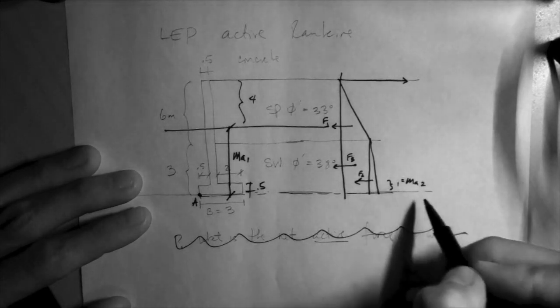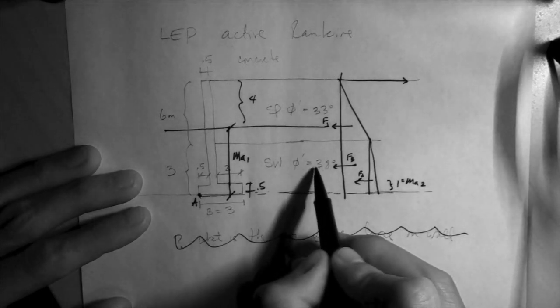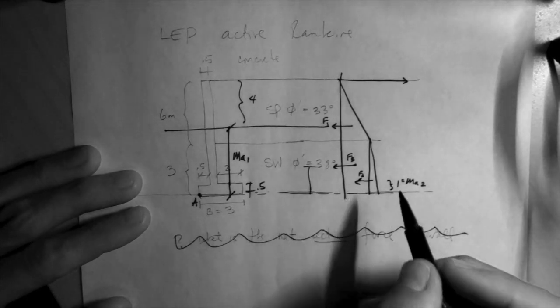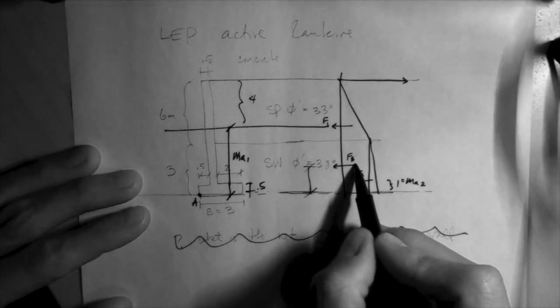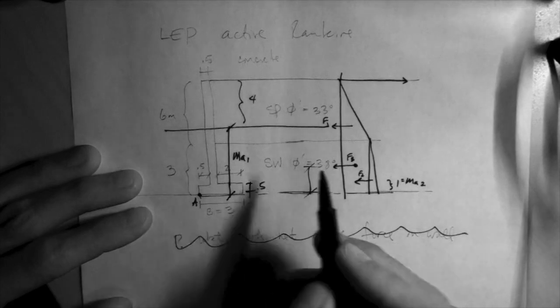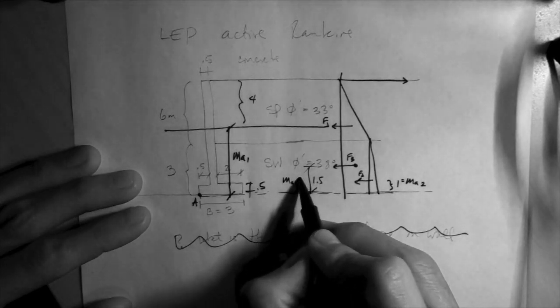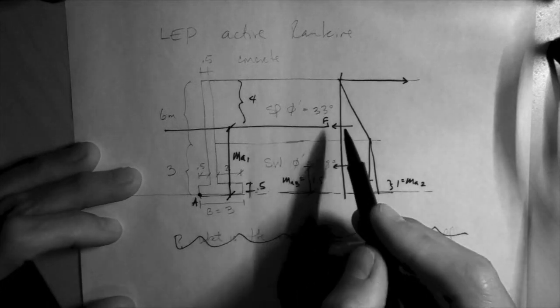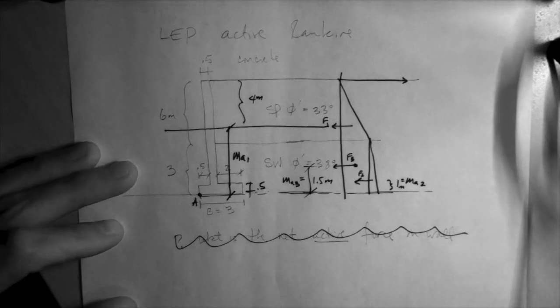And moment arm 3 is this distance here, which is half of this rectangle, because the centroid is right here, and that rectangle is 3 meters, so this is 1.5. This is moment arm 3.